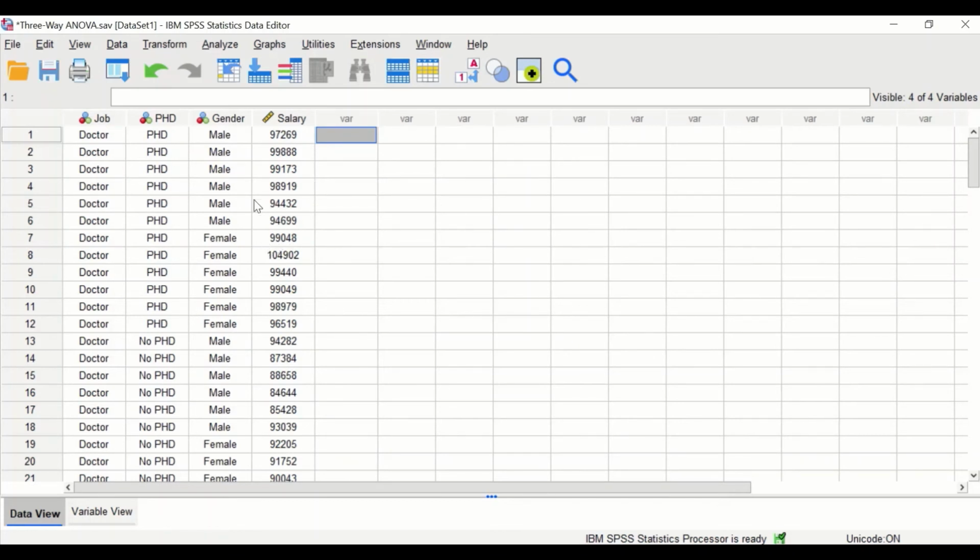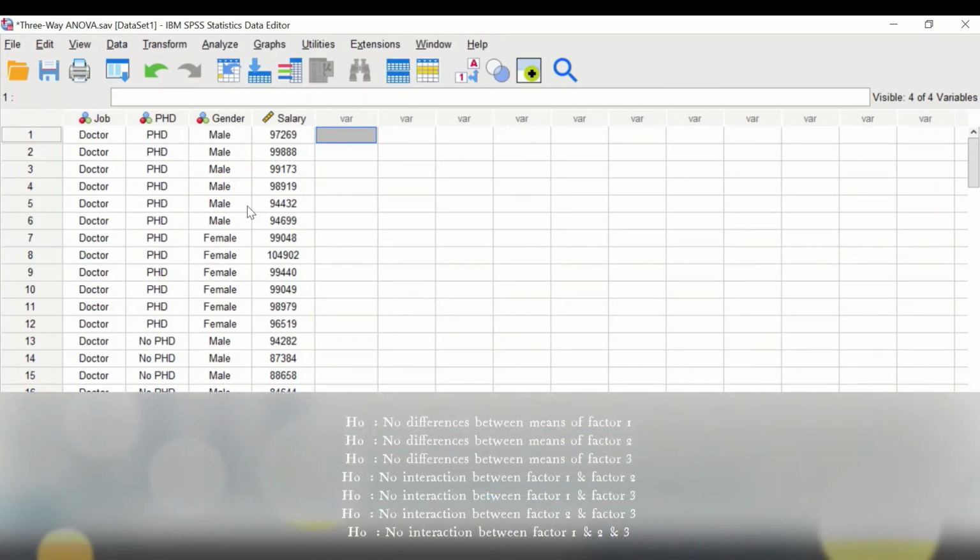The test also will examine whether there is an interaction between different factors that might have an effect on the salary. To perform the three-way ANOVA, 7 hypotheses will be generated.